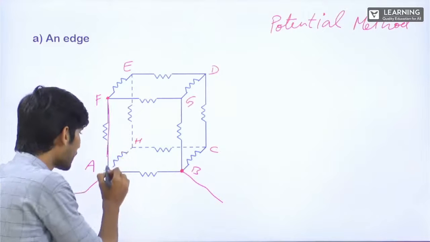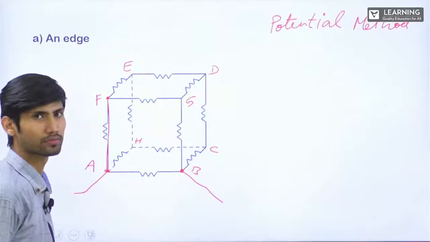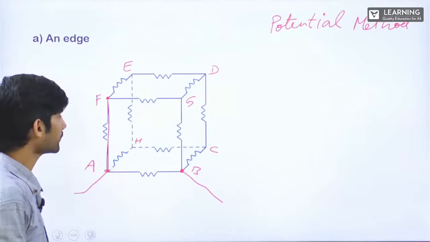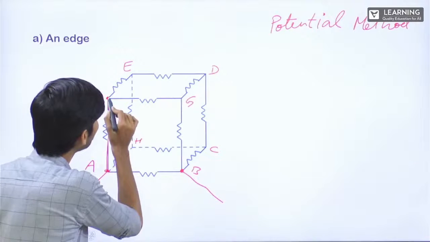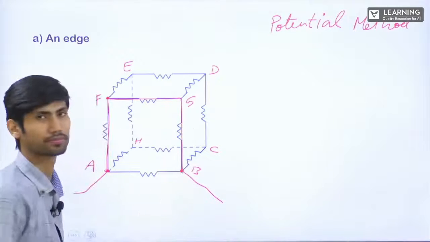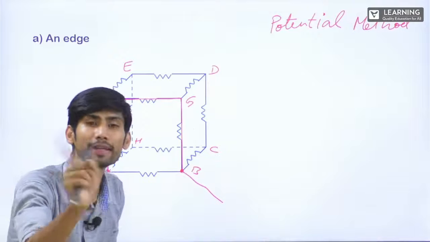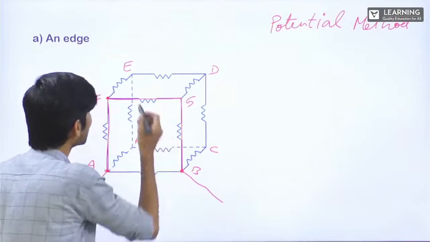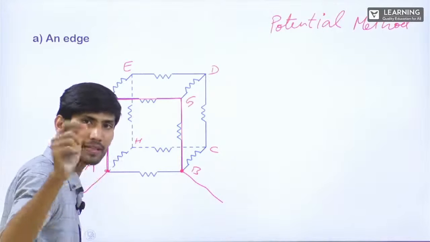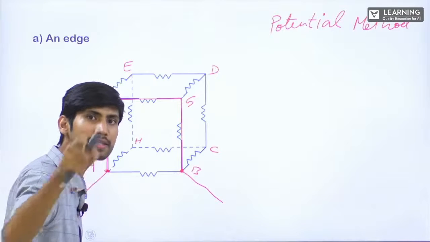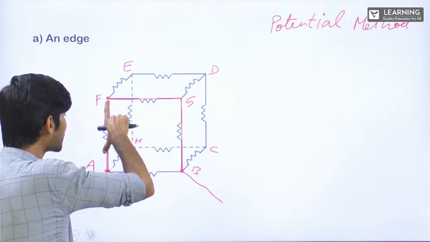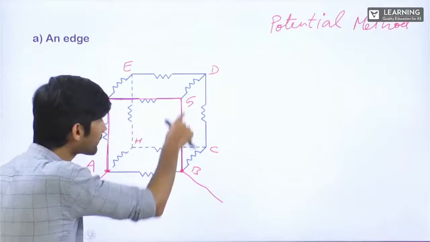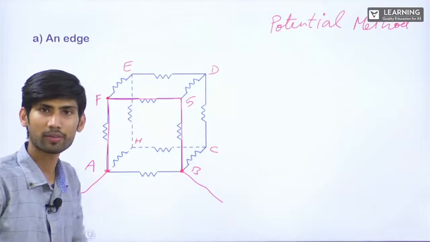Till A, I have to cover one road. Till B, I have to cover two roads. So I need to find another point standing at which the distance till A is the same as this distance, and till B is the same as this distance. Getting the point?